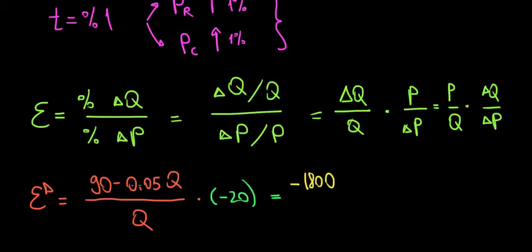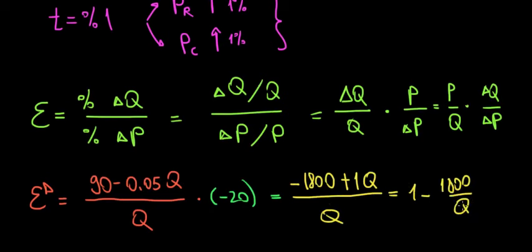And then minus 0.05 times minus 20 equals plus 1, times Q divided by Q. Let's deconstruct it a bit. Q divided by Q would be equal to just 1. And then minus 1800 divided by Q would be minus 1800 over Q. And that would be our formula for our elasticity. Let's leave it like that for this video, and then in the next video, we'll go through the questions B and C.